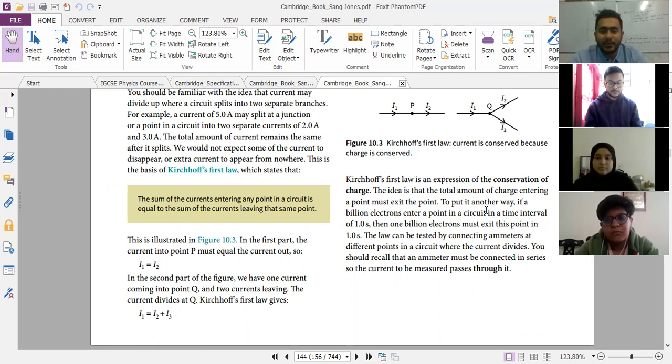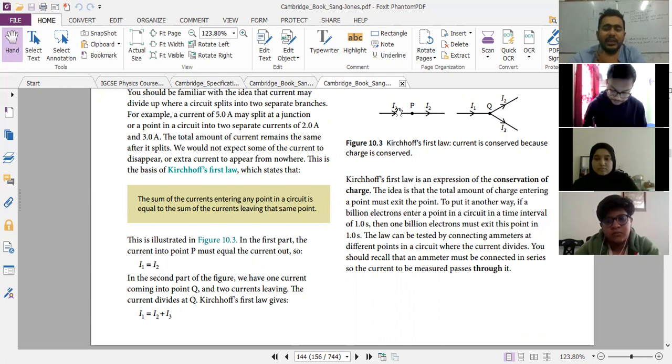To put it another way, if a billion electrons enter a point in a circuit in a time interval of 1 second, then 1 billion electrons must exit this point in 1 second. The law can be tested by connecting ammeters at different points in a circuit where the current divides.